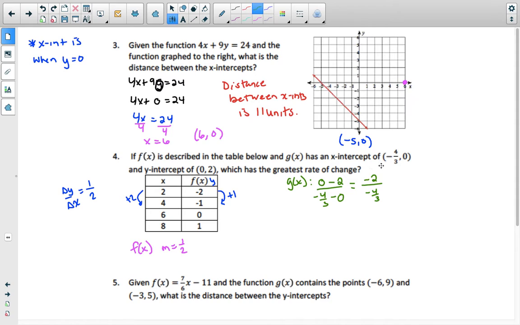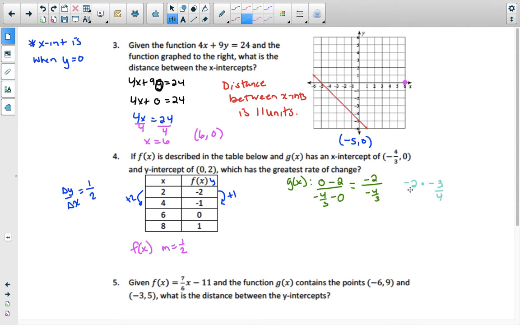Now we have a fraction inside of a fraction. In order to do this, we actually multiply by the reciprocal. So we're going to take our -2, and instead of dividing it, we're going to multiply it by the reciprocal of -4/3, which is -3/4.